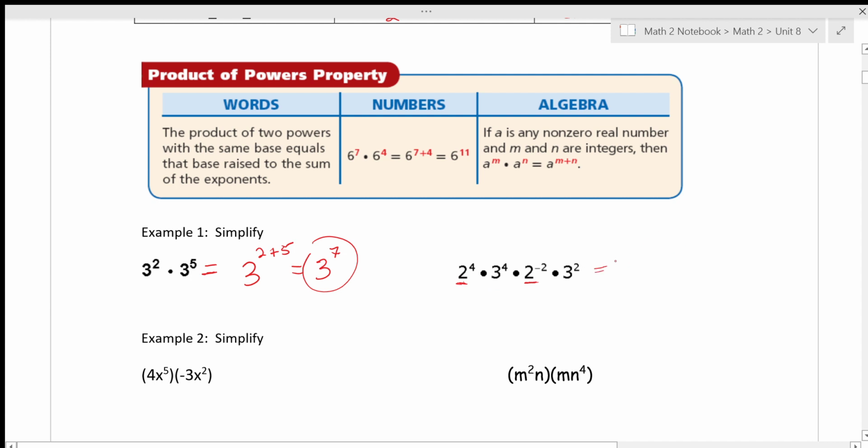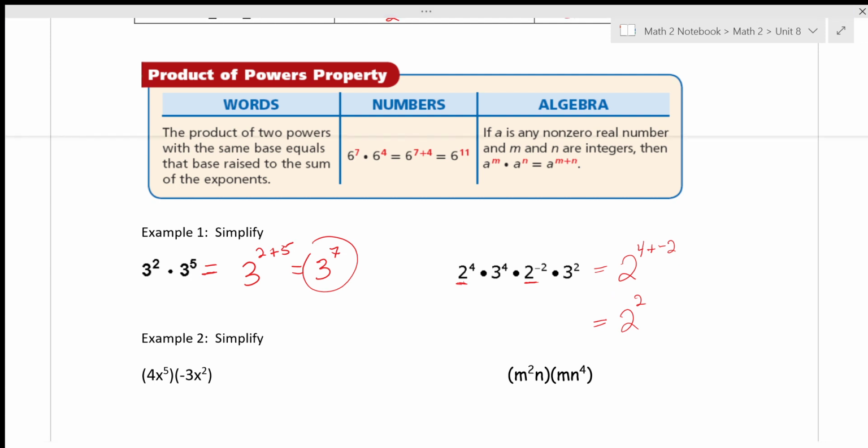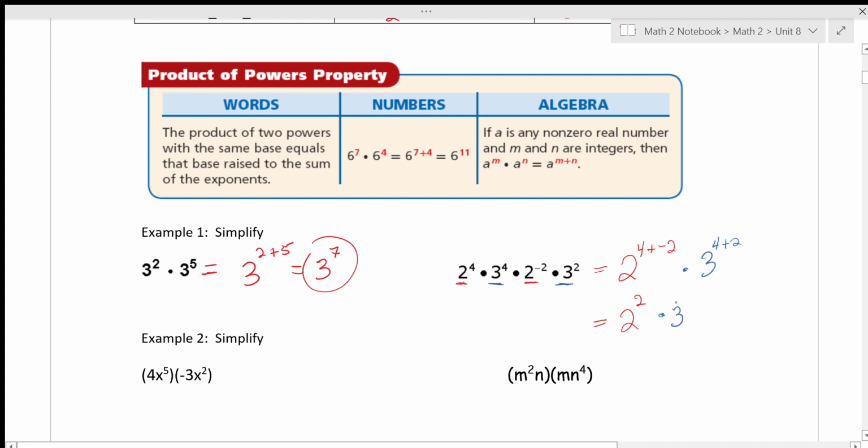That would be 2 to the 4 plus negative 2, or 2 to the 4 minus 2, which is 2. So we have 2 squared. And then we also have some 3's, 3 to the fourth and 3 to the second, and we can simplify that by going 3 to the 4 plus 2, which is 3 to the sixth.